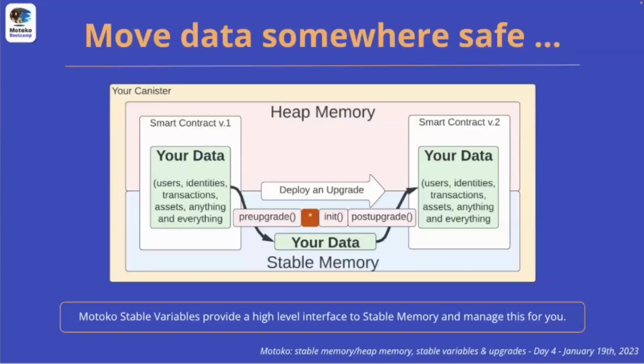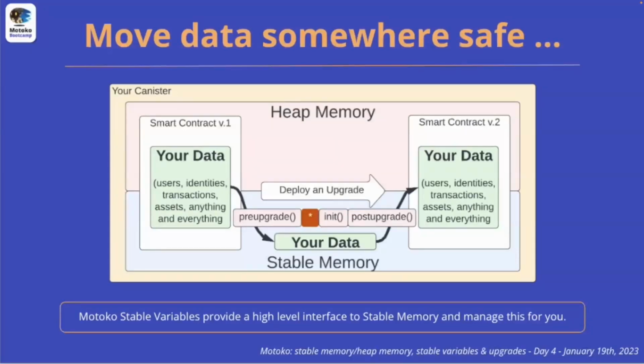And then the orange block designates when the program is off, or the smart contract is off and being upgraded. And then when the new version, version 2, in essence, becomes active, it will first execute the beginning of the actor, which is the init section, and then it will execute a post-upgrade function.